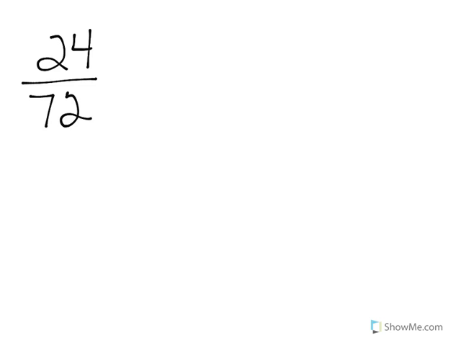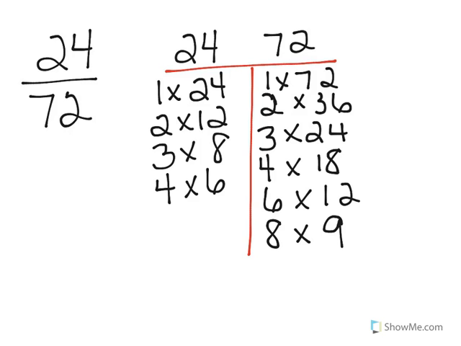Let's reduce the fraction 24/72. The first thing I'm going to do is draw my factor t for 24 and 72. I have all my factors listed for each 24 and 72.